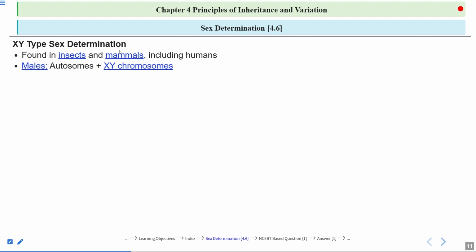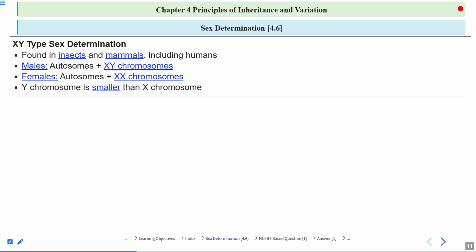Here the males consist of autosomes plus the X and Y chromosomes. Then the females consist of the autosomes plus the X and X chromosomes. Okay. Now here the Y chromosome is smaller than the X chromosome. So Y chromosome is always smaller than the X chromosome.